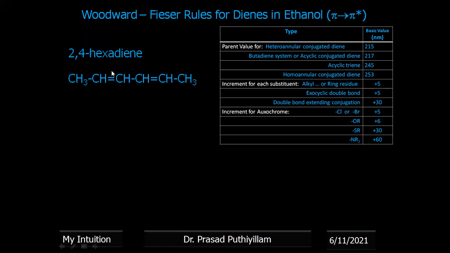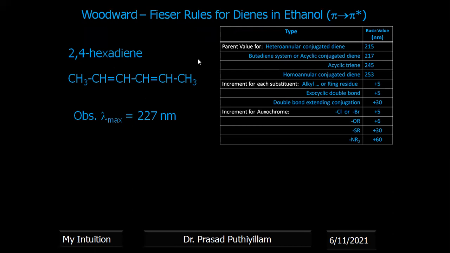If you remove the first carbon as well as the last carbon, it is butadiene, with double bonds present in alternate positions. That means these two we have to treat as alkyl substituents on the double-bonded carbon atoms, for calculating the lambda max value. Otherwise, it is not a substituent, it's a straight chain hydrocarbon. The IUPAC nomenclature itself is given here.